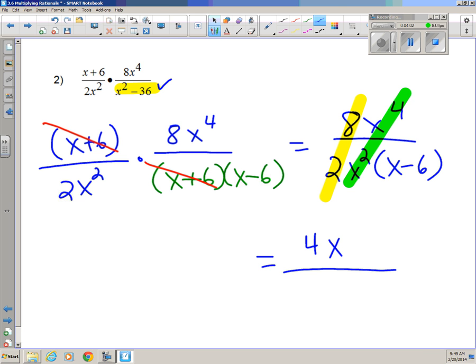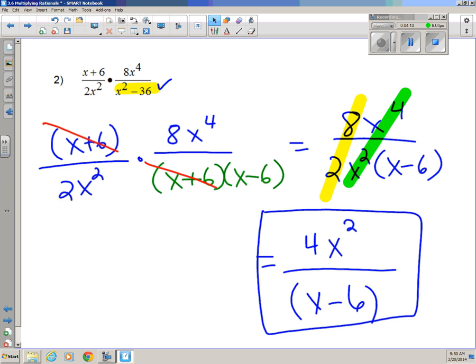I've got more x's on the top by 2. And now I've got this binomial factor on the bottom. This is your most complete simplified answer. You cannot touch the x squared with the x minus 6 because the x squared is a part of a monomial and the x minus 6 is a package deal with the binomial. And that's going to be your final answer.